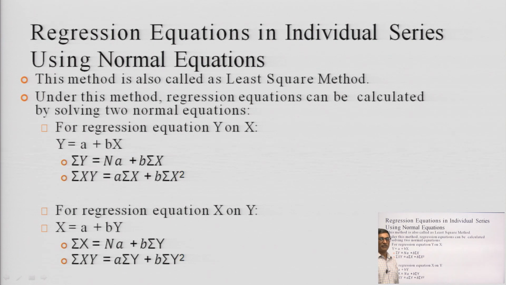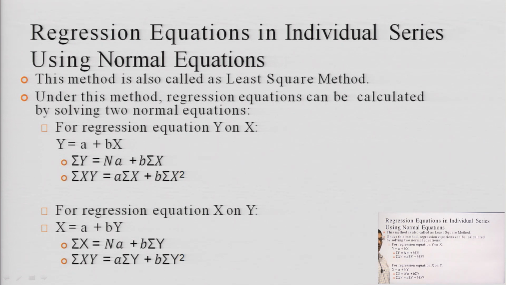The first normal equation is summation y equal to n a plus b summation x, where summation y is the sum of the y values, capital N is the number of observations, and summation x is the sum of the x variable values.